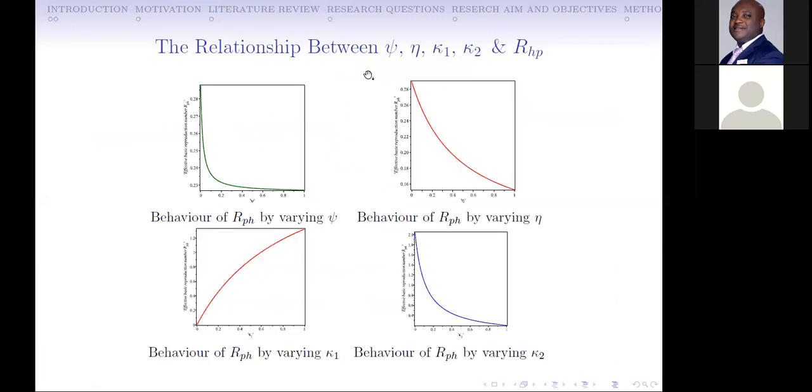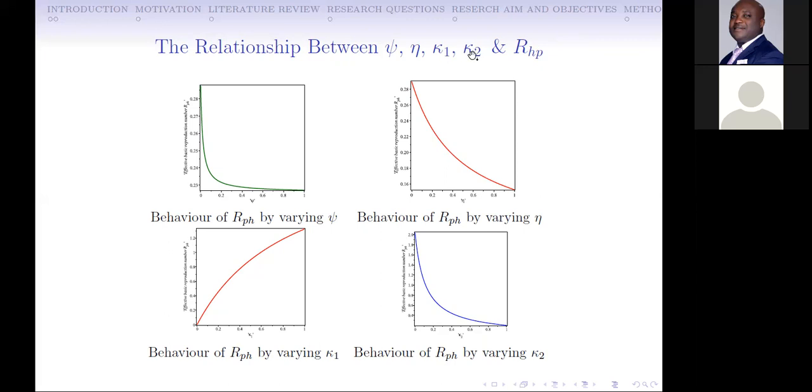This is the relationship between the parameters. The eta corresponds to the rate at which individuals staying at home progress to hospital. K1 represents the rate at which exposed individuals progress to I1, which represents individuals that are staying at home.